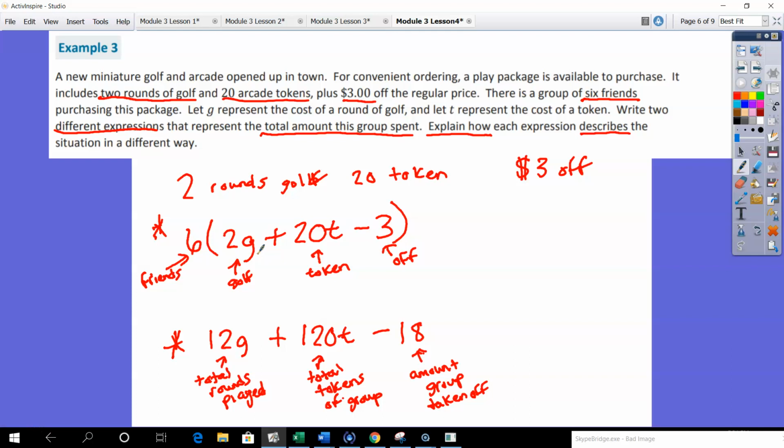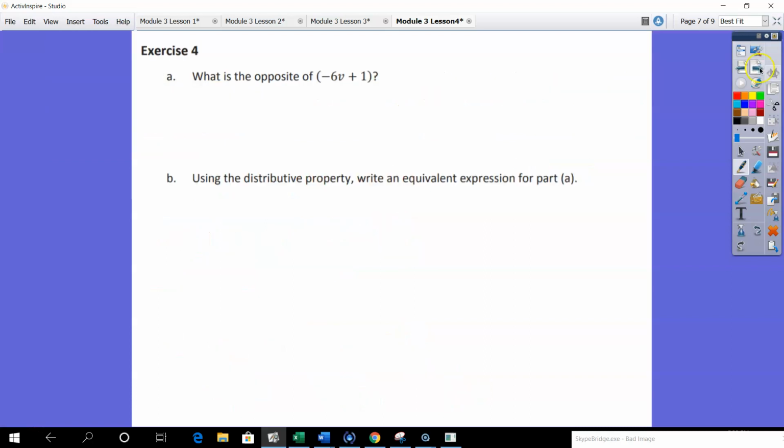Depending on the information that we're asked, it depends on the kind of equation that is best for us to write. Okay, and you should have used G and you should have used T because it did say that in the problem.